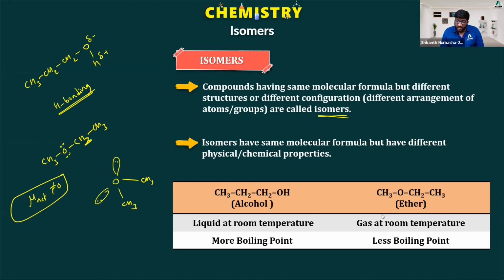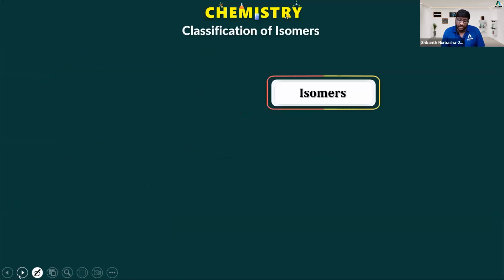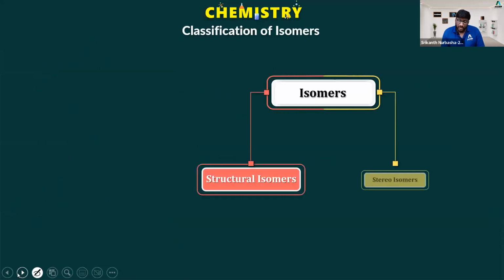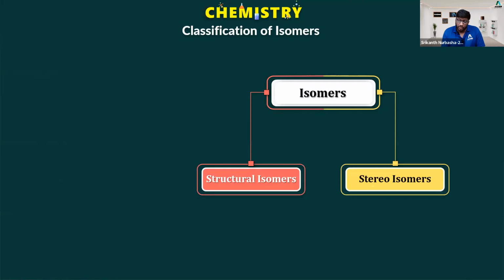But there can be a difference in the structures, or there can be a difference in the spatial arrangement. If there is a difference in structure, it is said to be structural isomerism. If there is a difference in the spatial arrangement, it is said to be stereoisomers. So isomers are two types: structural isomers and stereoisomers.